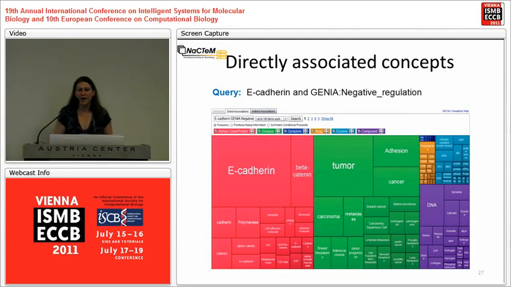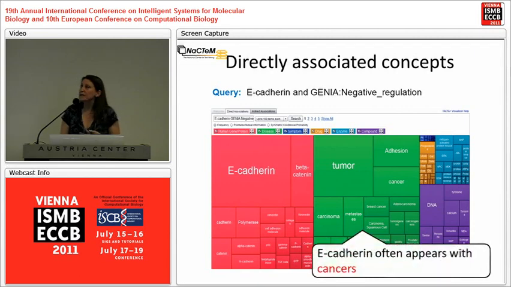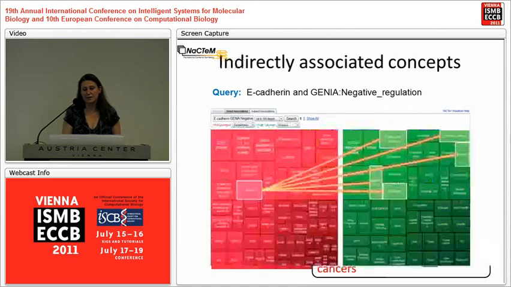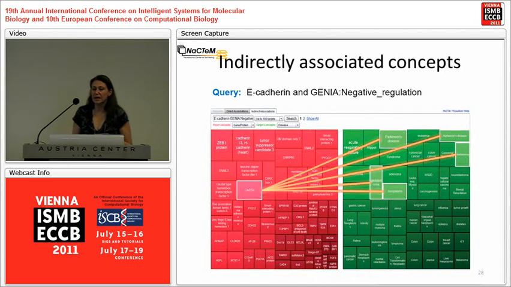Then this is again with E-cadherin and negative regulation, but you can try it afterwards when we have internet, because the systems are on our website. Obviously E-cadherin appears often with cancers, and here you can choose one of the proteins, which is Cas4, and you can pin the relation with the types of associations. Clearly here it is working with Parkinson's disease, Alzheimer's disease, and so on.